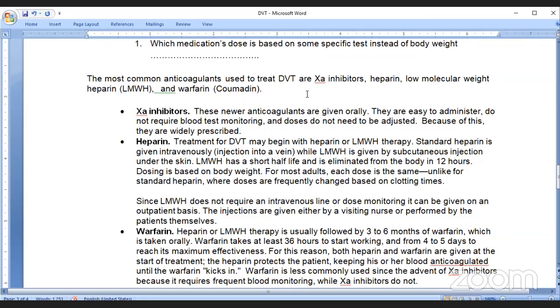So your answer is warfarin. Yeah, but standard heparin is also making sense to me. So where will you go, warfarin or standard heparin? Standard heparin. Why not warfarin? Because many of you have given the answer warfarin. I just want to know why people have given the answer warfarin.